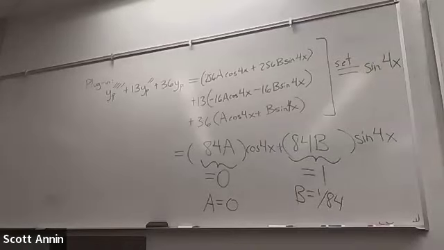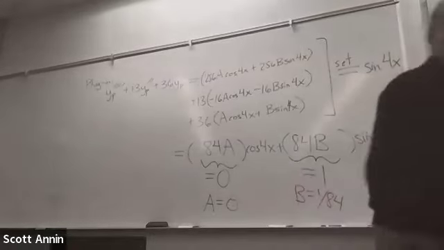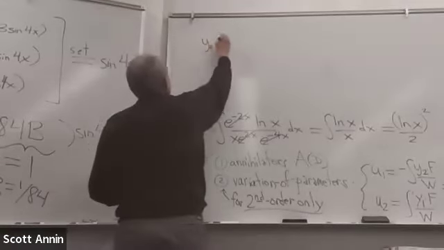Does everybody see kind of how I did that? The math itself is kind of tedious, but I do want people to know the process. You're just taking derivatives of this particular solution, plugging in what's in the box here on the left side and matching it up with the right-hand side, just balancing the equation on both sides, right? So A is 0 and B is 1 over 84, and that means that now I can write down my particular solution.